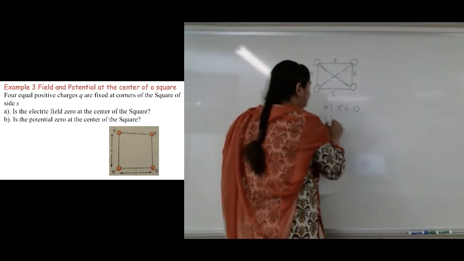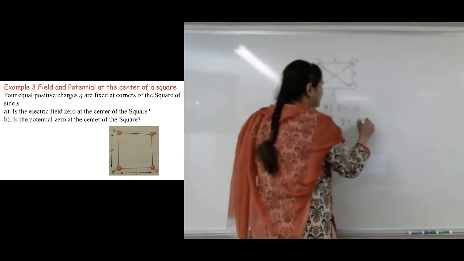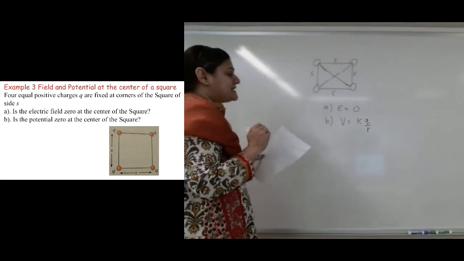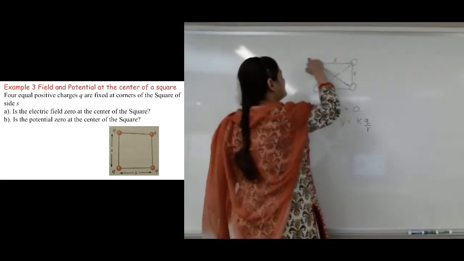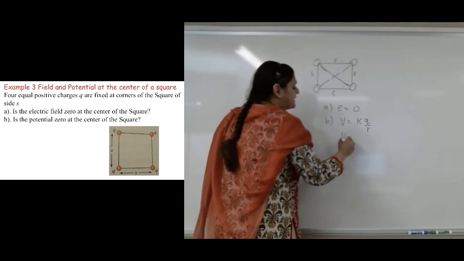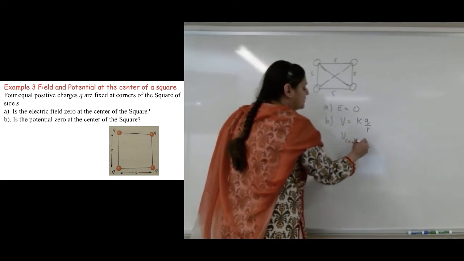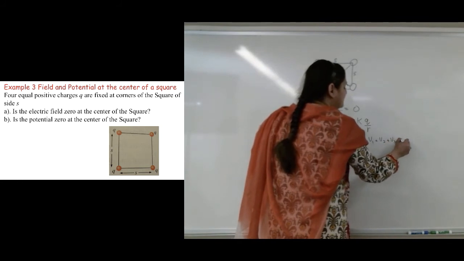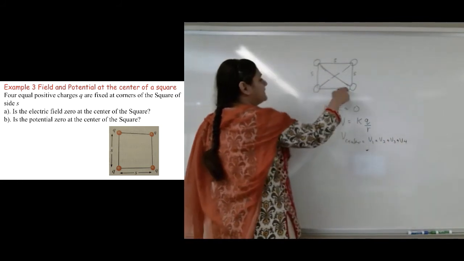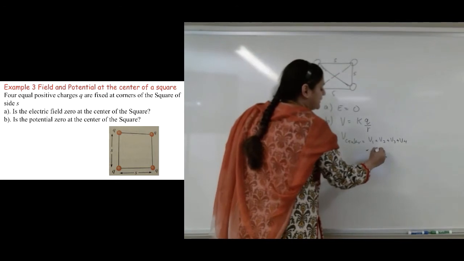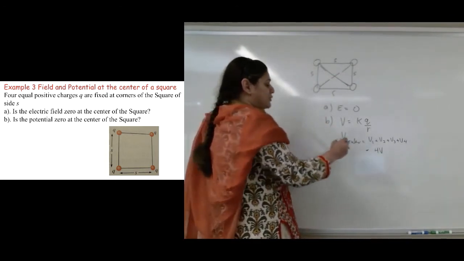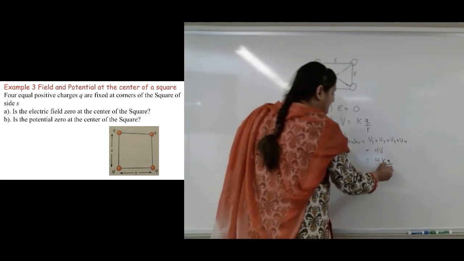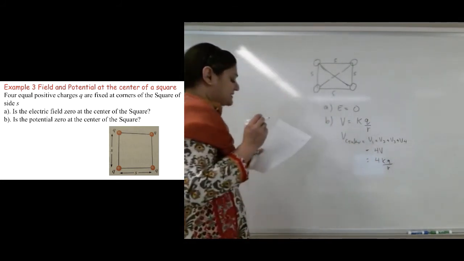But what would it be? V, I know, is KQ over R. Yes? In this case, how many Q's are there? 4. So the potential at the center will be V1 plus V2 plus V3 plus V4. Scalar? There are 4 of them, so it will be 4 V's, which will also equal 4KQ over R. And what is R?